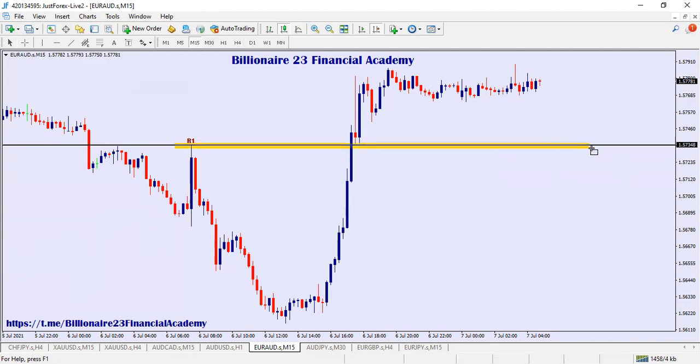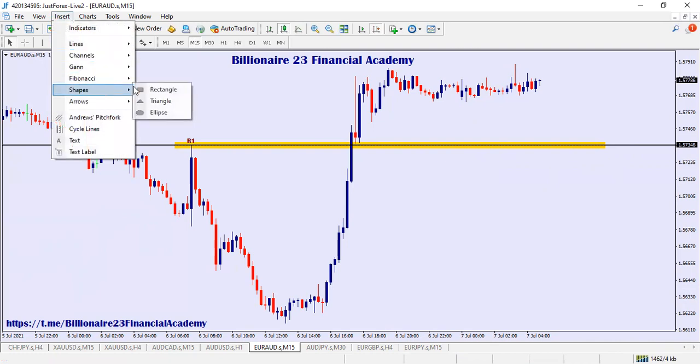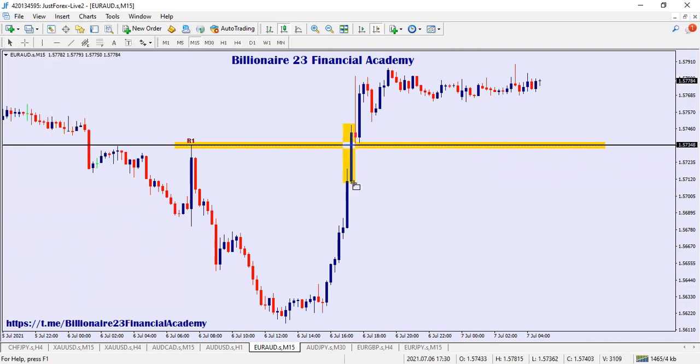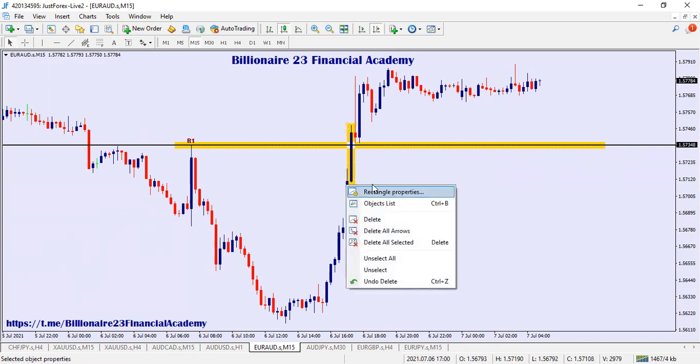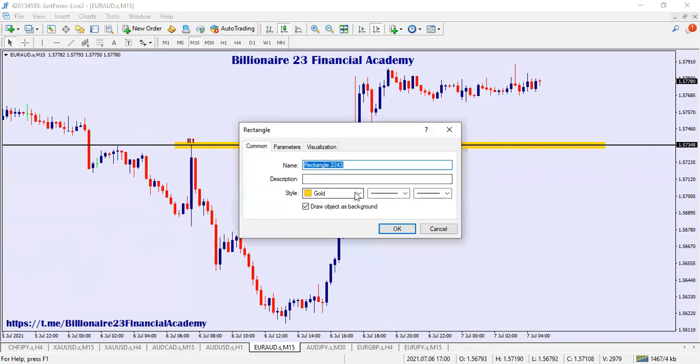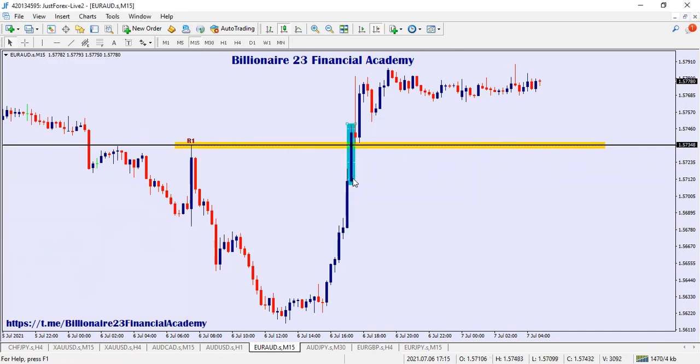This is the zone you would look to buy in. Here's the clean candlestick body break. And then this would be your flip zone right here. These two would be your buy opportunity. So that's basically how you would go about trading support and resistance from our perspective.